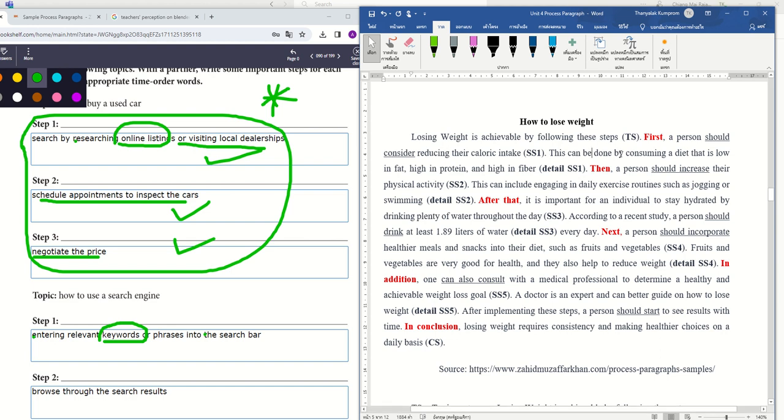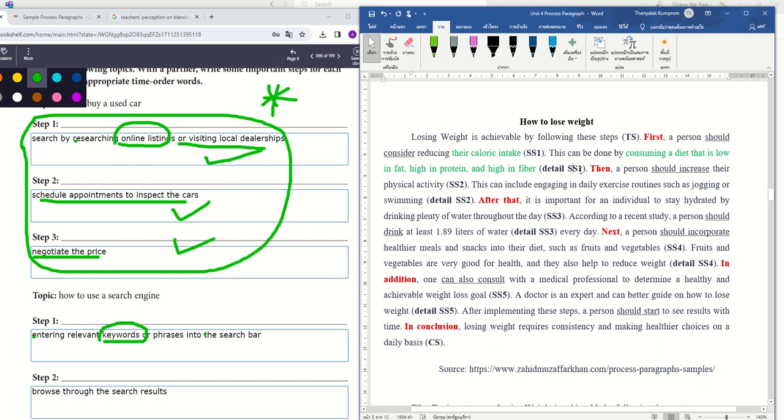This can be done by consuming a diet that is low in fat, high in protein, and high in fiber. See? Caloric intake, and consume a diet with low fat, high protein, and high fiber.